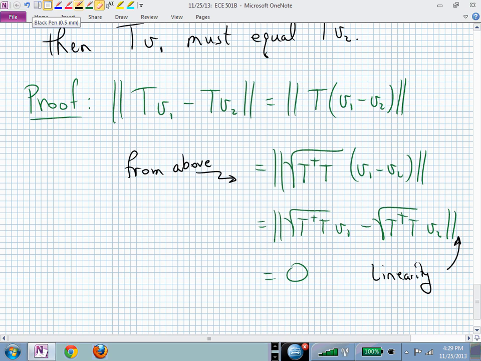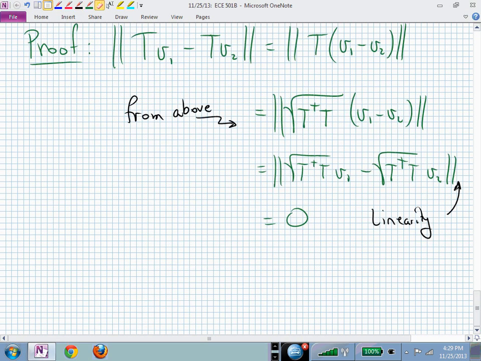So now we have this uniqueness property validated for this positive square root of T dagger T and T. Now what we want to do is check the linearity of the map.